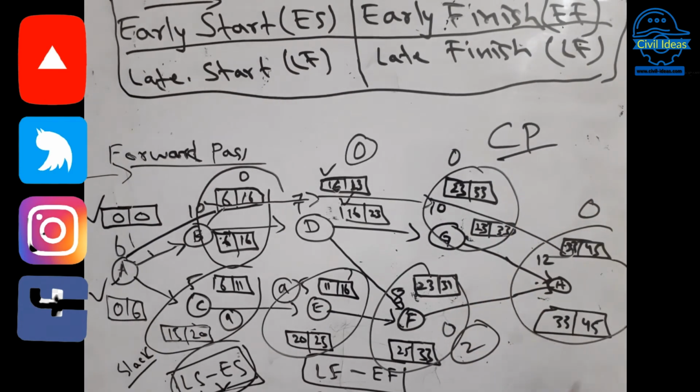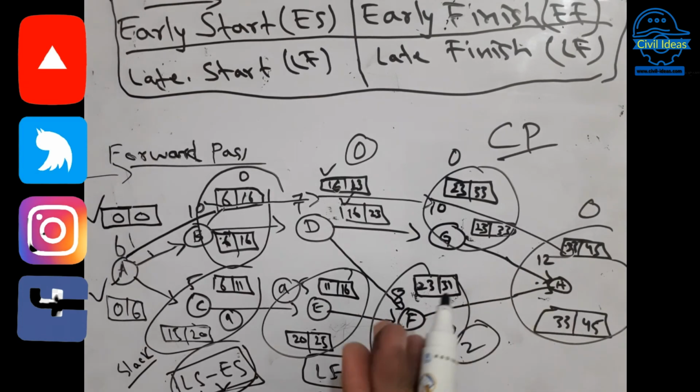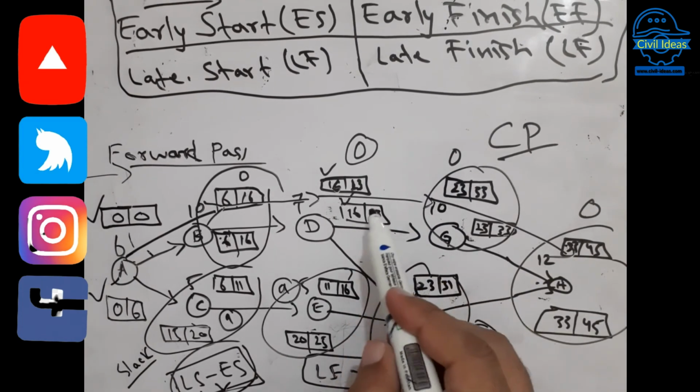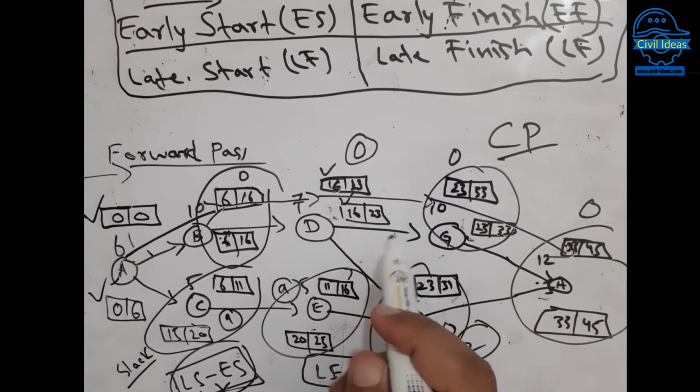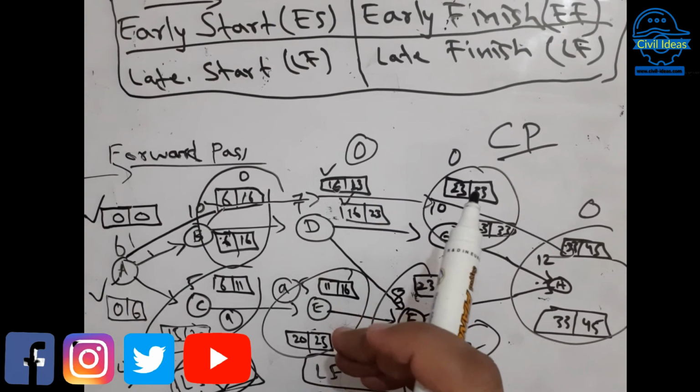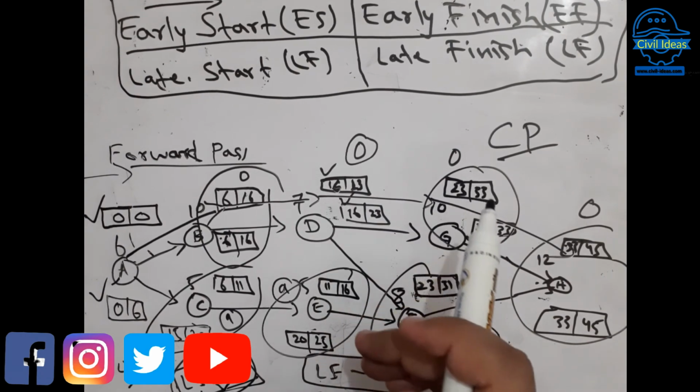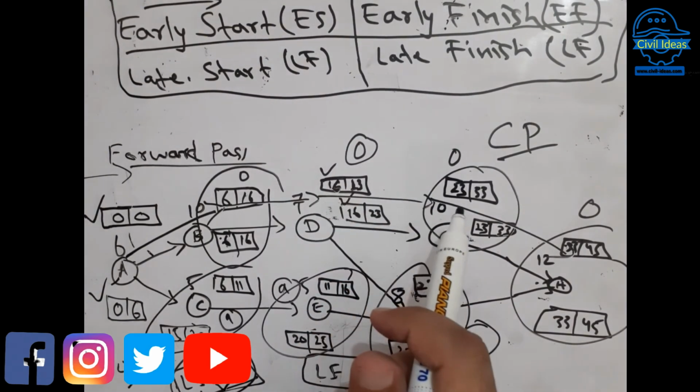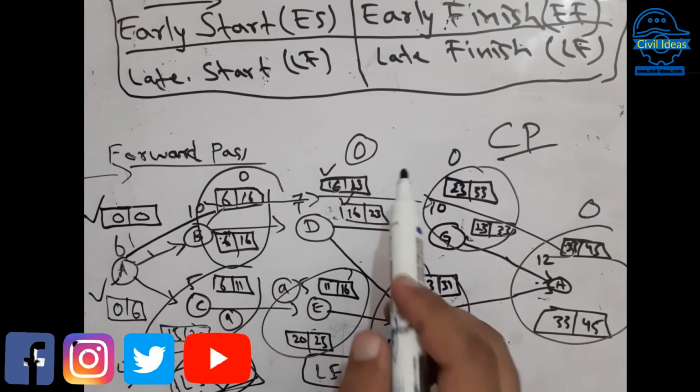Okay, so this is the critical path method that we have to use. We have to choose that path that has 0 slack, where we cannot delay any activity, because if you delay any activity for any time, then the whole project will be delayed. So this is the critical path.